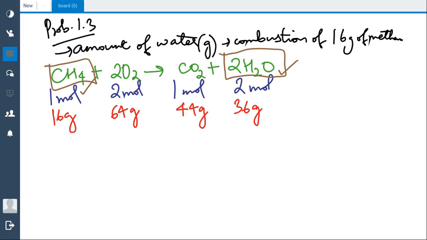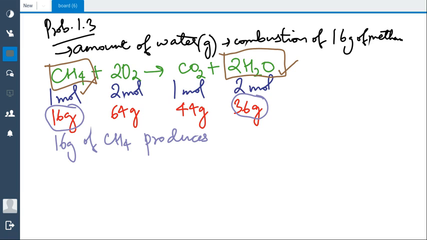According to our balanced chemical equation, 16 grams of methane produces 36 grams of water. So write this down. 16 grams of CH4 produces 36 grams of water.